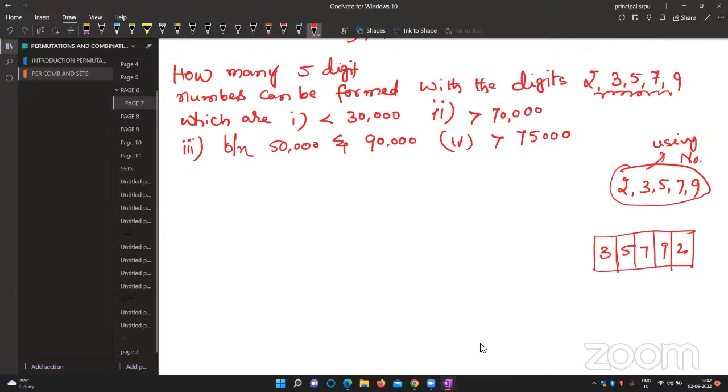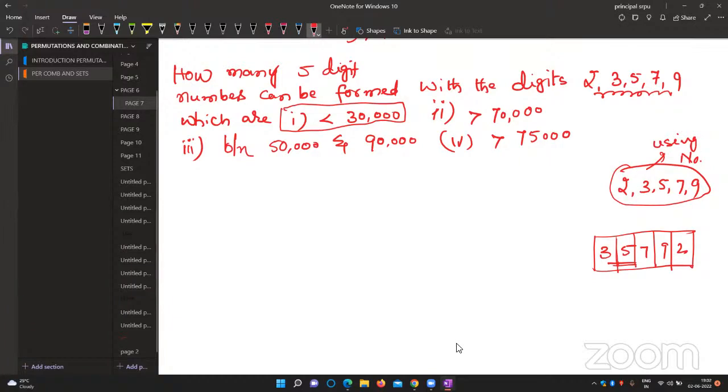But what is the question he has asked here? A 5-digit number has to be formed. Suppose you have formed the number 35,792. According to the first question, the number you form should be less than 30,000.